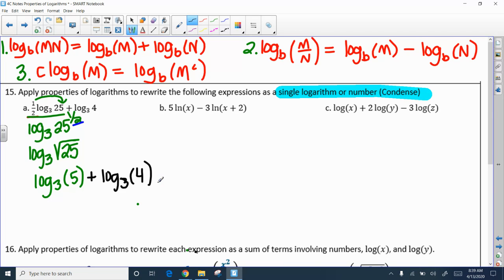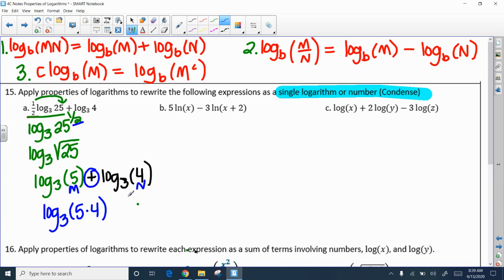Now I can put these two together using property 1. So this looks like this format here, log base b of m plus log base b of n. So when I put them together, since there's a plus sign in between, it's still going to stay log base 3 of m times n, so 5 times 4.